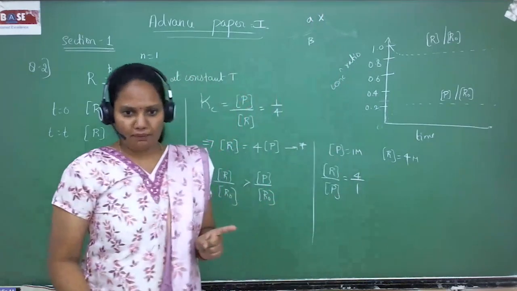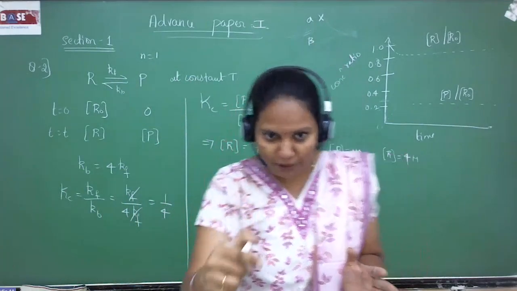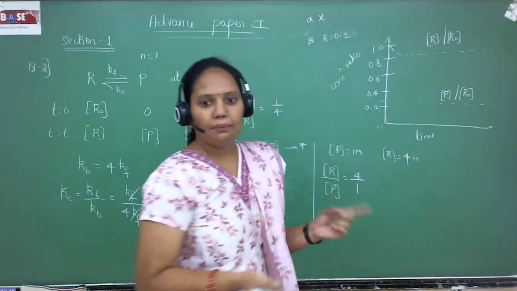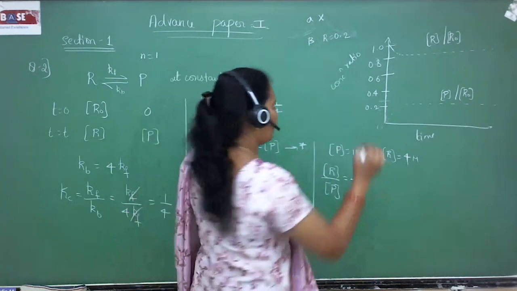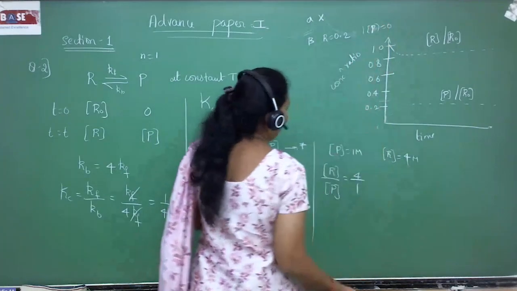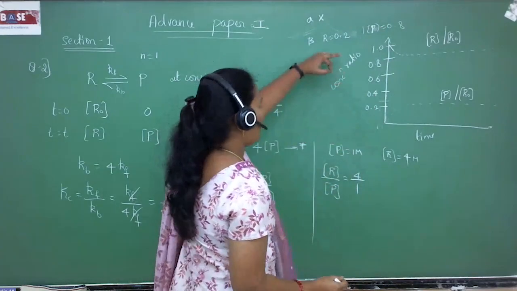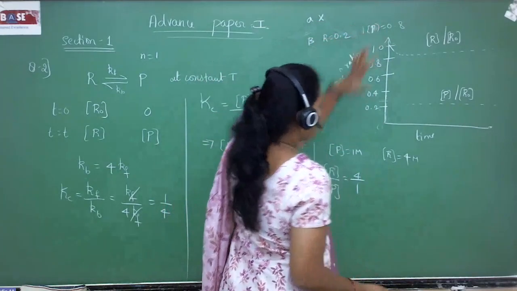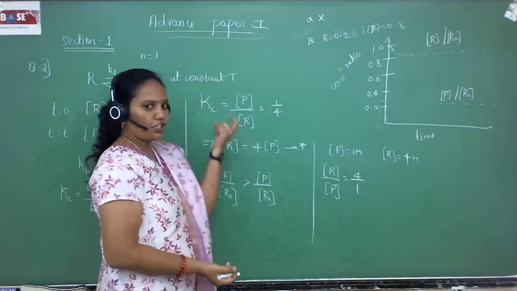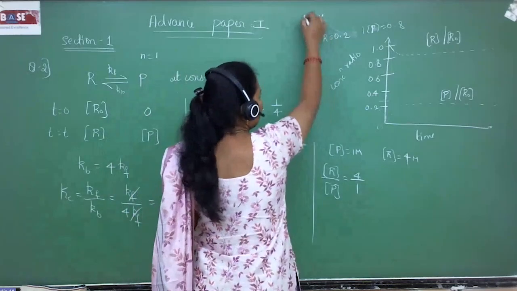Next, coming back to B. When I consider B, the reactant concentration will be 0.2 and the product concentration will be 0.8. So it is a reversal of this, right? They are saying that reactant concentration is less and product concentration is more, which is incorrect, because according to the relation, reactant concentration should be 4 times greater than the product concentration. Therefore, even statement B is incorrect.